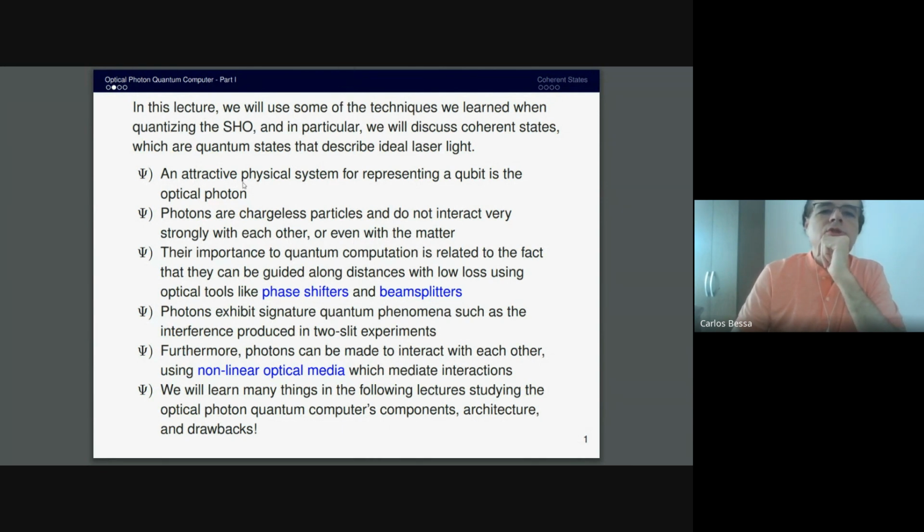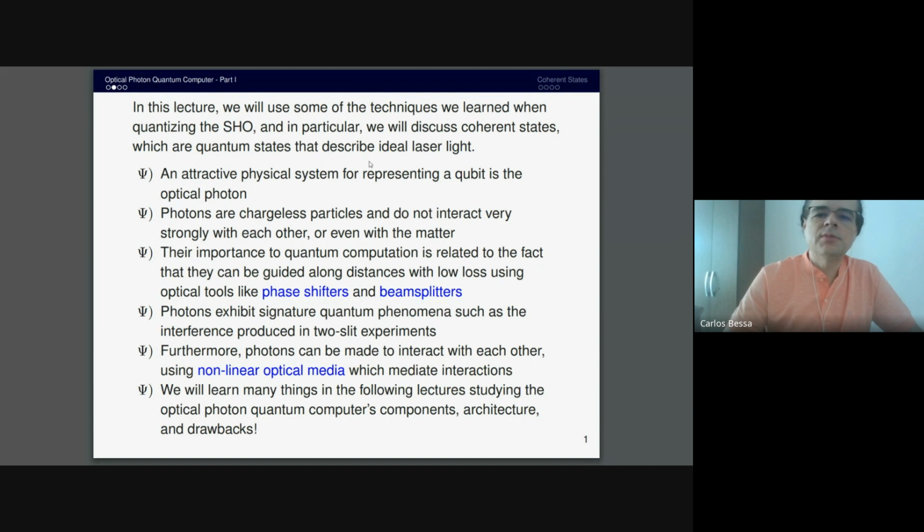In this lecture, we will use some of the techniques that we learned previously about the quantized simple harmonic oscillator. And we will discuss a very important type of states called coherent states, which are quantum states that describe some kind of ideal laser light. That will be important, of course, for quantum computation.